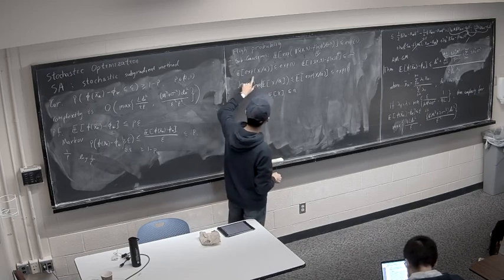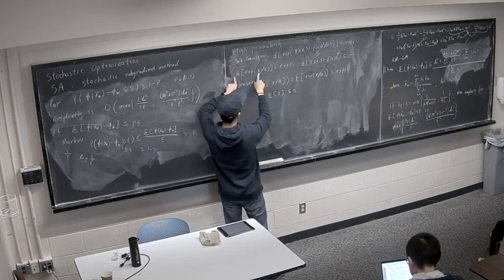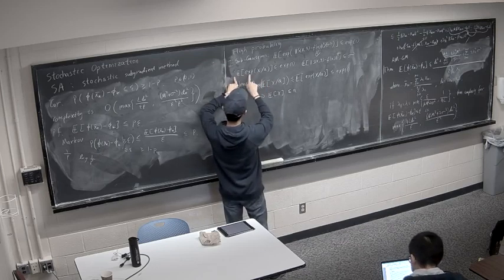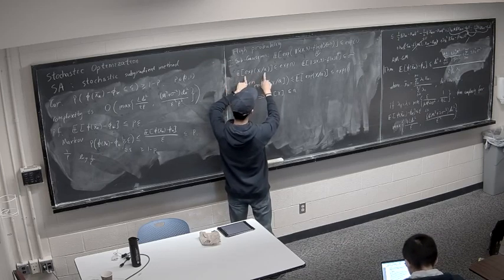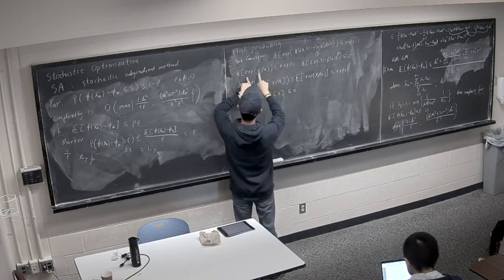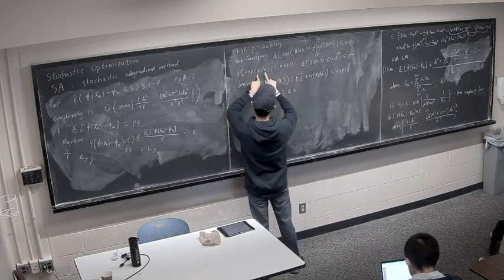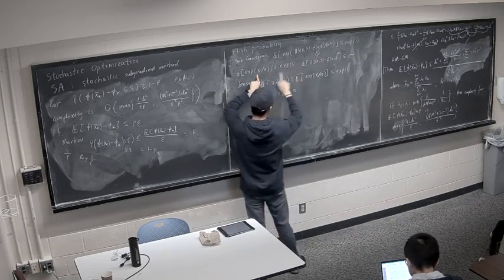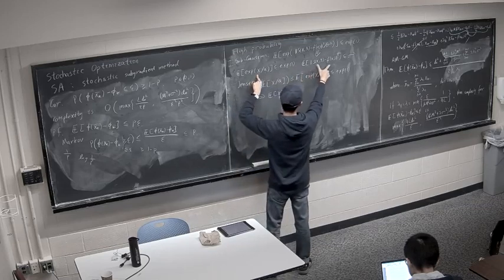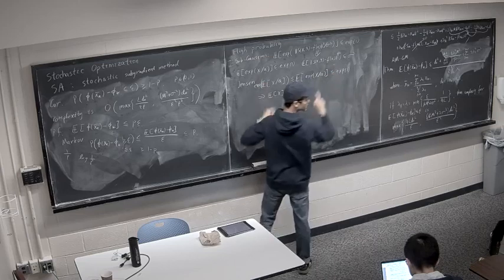So this comes from the following simple fact. Suppose you have a random variable x, and the expectation of exponential of x over a is upper bounded by exp of 1. This x can be viewed as this norm square here. This a is just the sigma square, and what we want to show here is just that the expectation of x is less than or equal to a.